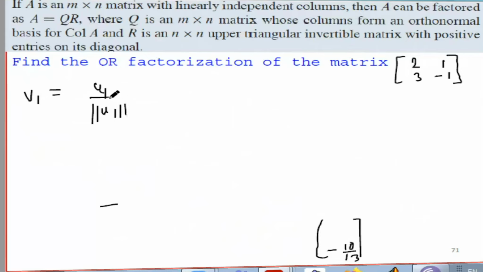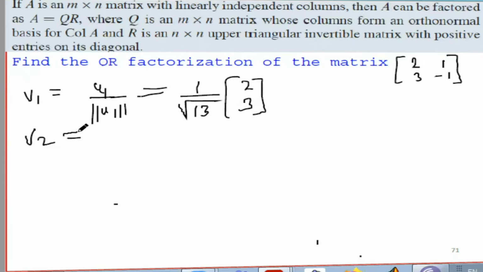So u1 is (2, 3), and the norm of u1 is the square root of 2 squared, 4, plus 3 squared, 9, which is root 13. So V1 is u1 over its norm. Then V2 equals u2 divided by the norm of u2.